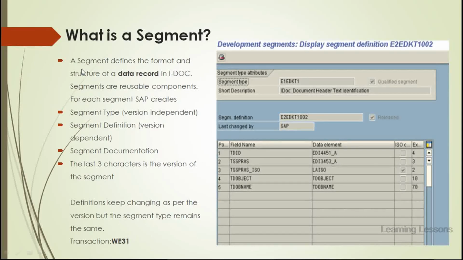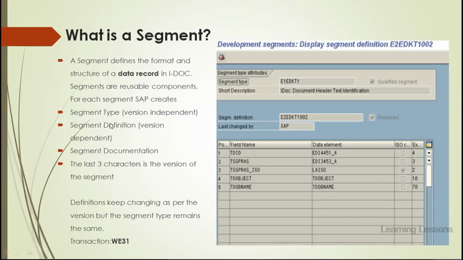Here you can see a segment defines the format and structure of a data record. For each segment there are 10 to 20 fields. The segment is also called a structure. Segments are reusable components, so the same segments can be there in other IDoc types also. The segment type defines the version.